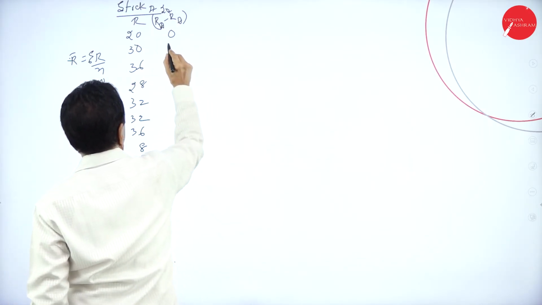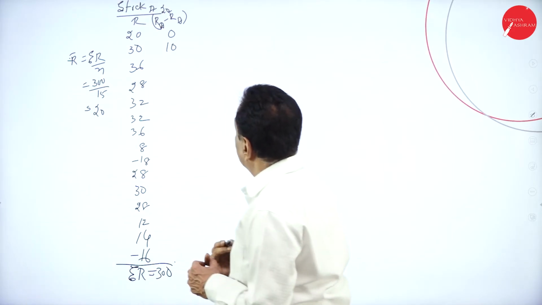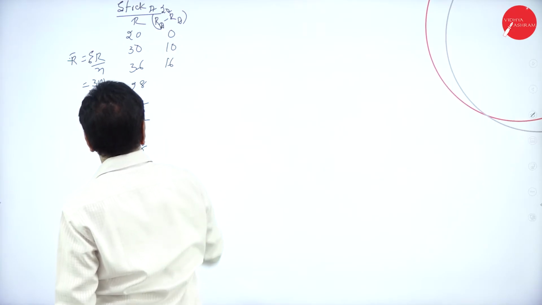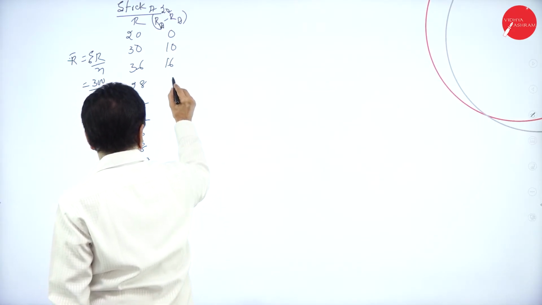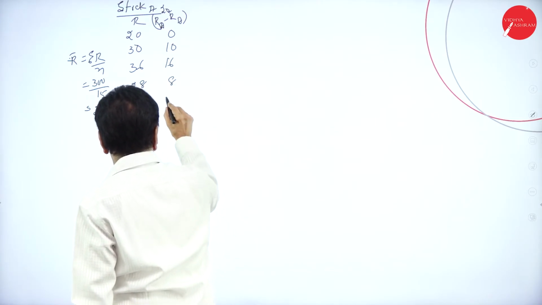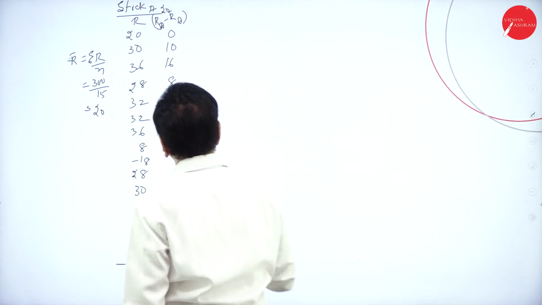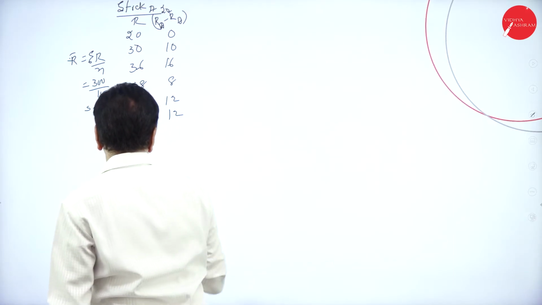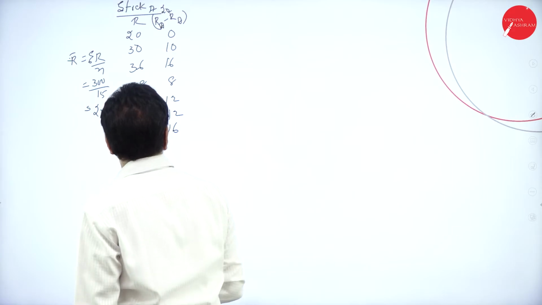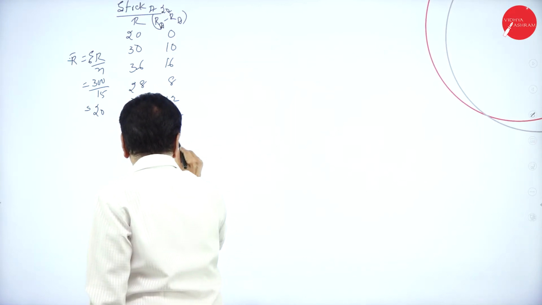30 minus 20 is 10. 36 minus 20 is 16. 28 minus 20 is 8. 32 minus 20 is 12. 32 minus 20 is 12. 36 minus 20 is 16. 8 minus 20 is minus 12.